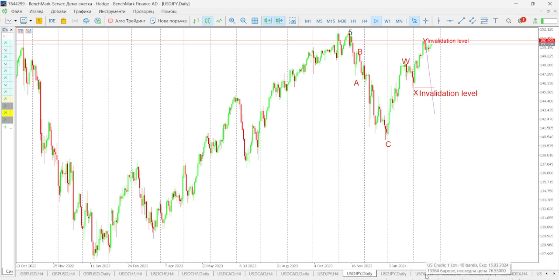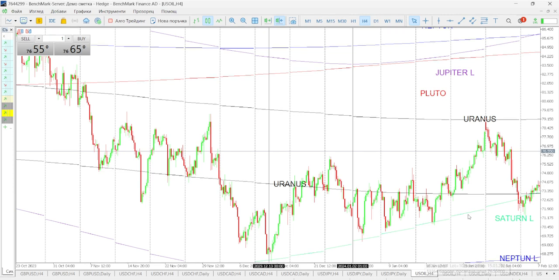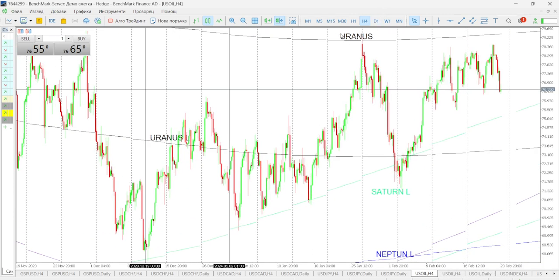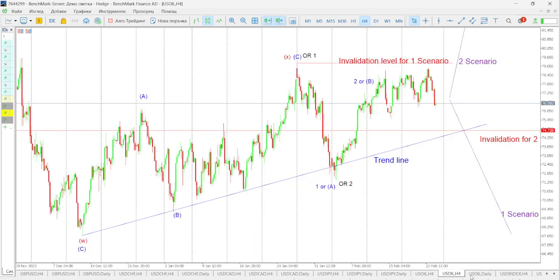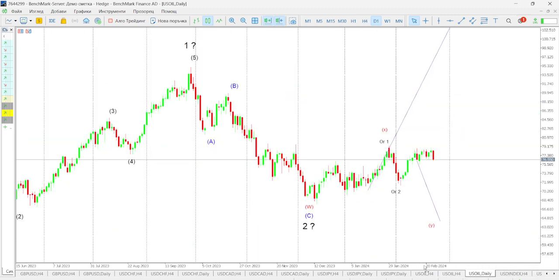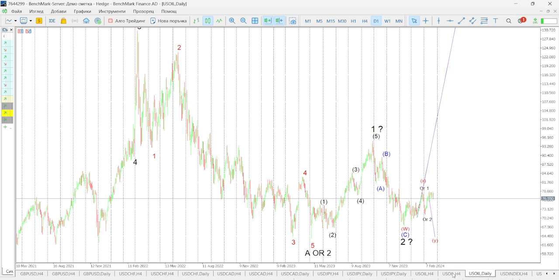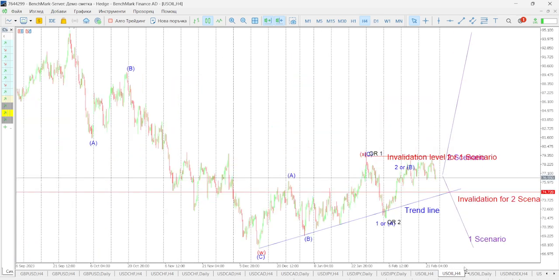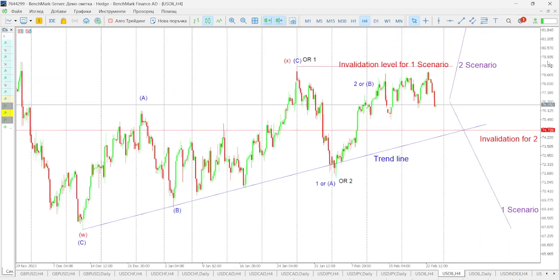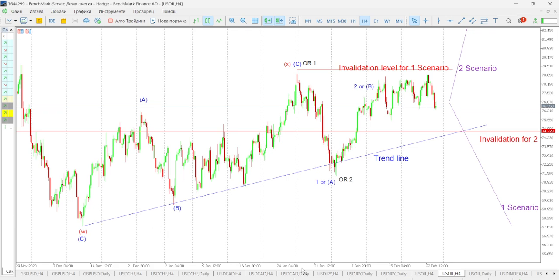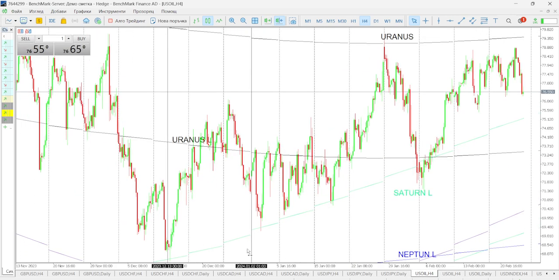Next instrument is US oil. We've already discussed a couple of times these levels here, and why I prefer to follow the second scenario here. Let me show you once again.